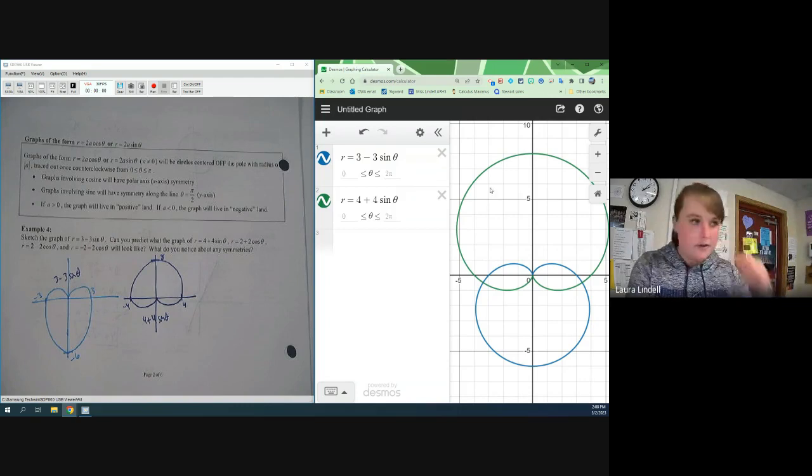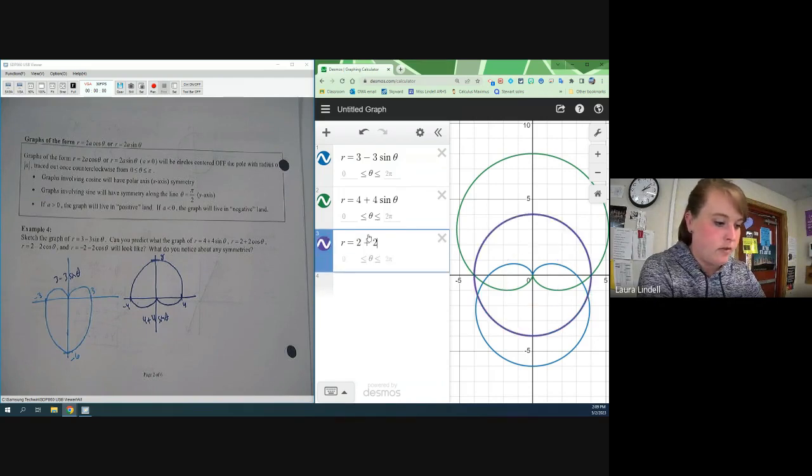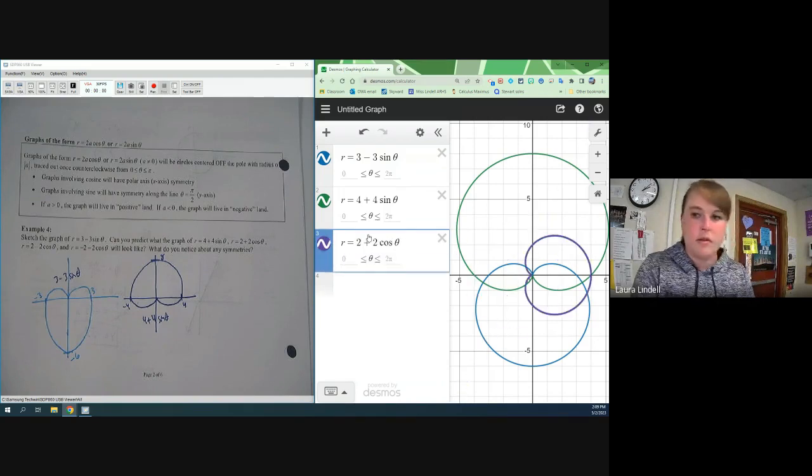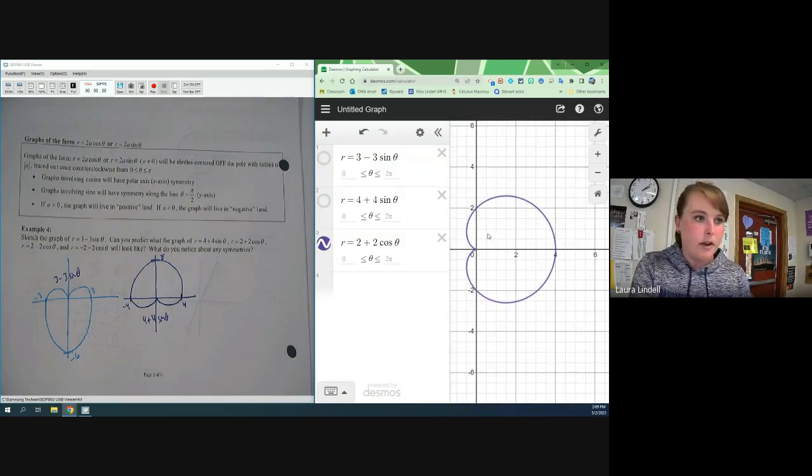Let's do another one. 2 plus 2 cosine theta. All right, let's turn off some of the others so that we get a better picture of what's going on. Nice. Okay, so we've got 2 and 2, and then 4. Hopefully we're kind of starting to notice a pattern. These were 4, 4, and 8. This was 3, 3, and 6.